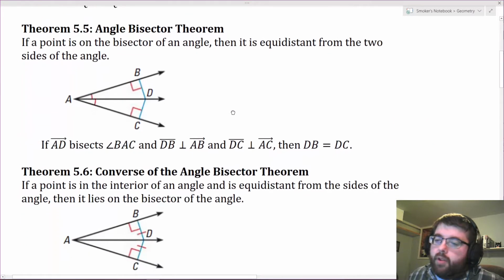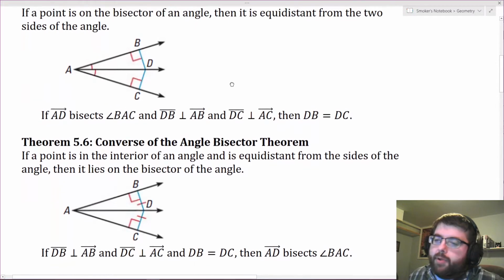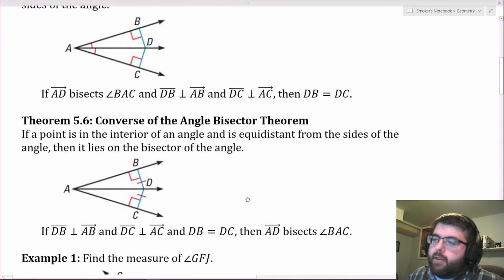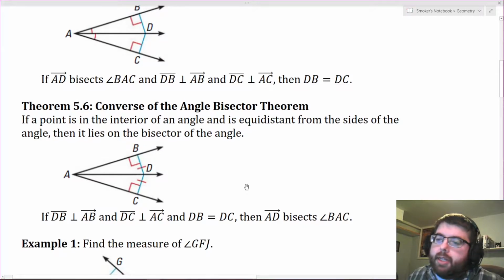So the converse is also true. If you happen to know that BD and CD are equal to each other, then that would tell you that ray AD is an angle bisector of BAC or CAB.